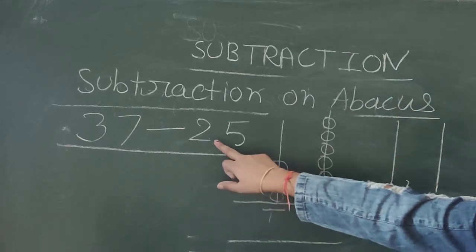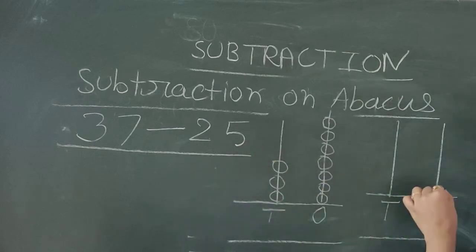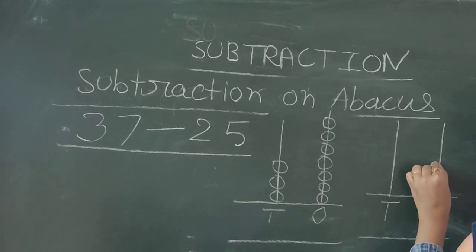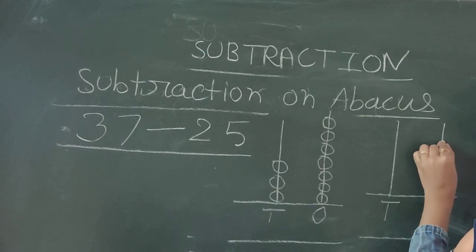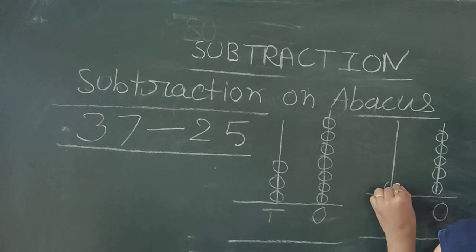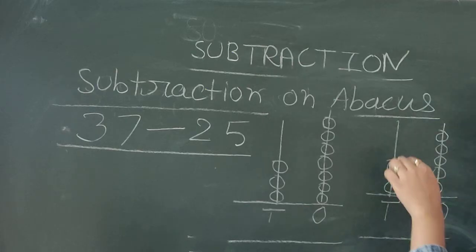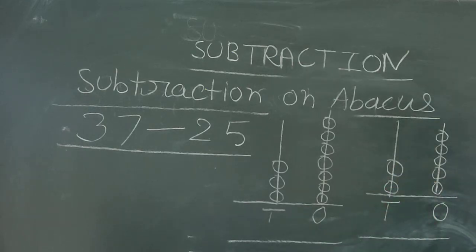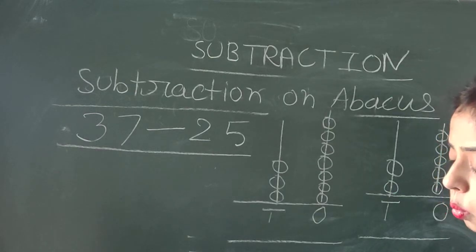Okay, next digits 25. So 5 is ones place. 1, 2, 3, 4 and 5. 2 is tens place. 1 and 2. Okay, 1 and 2.